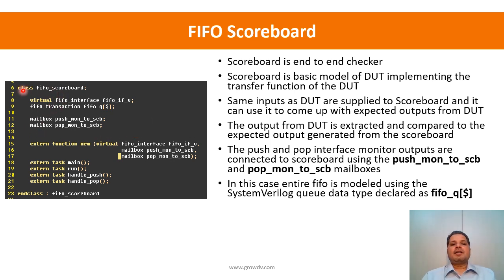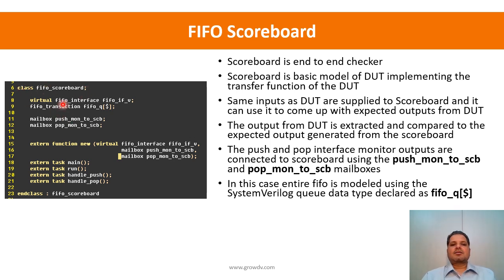So if you look at the scoreboard, it is also created only once at the beginning of simulation, and it stays active throughout the duration of the simulation, and it can contain its own threads depending on how you model it. Ideally it should contain a thread.